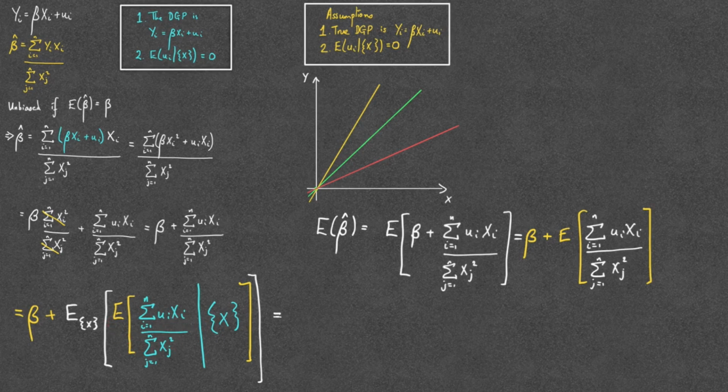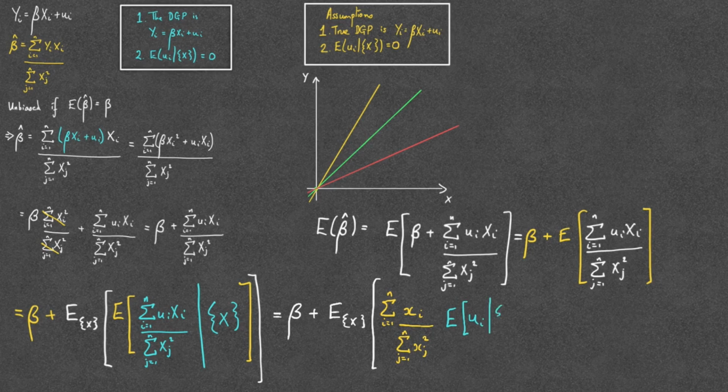So this is going to be equal to beta plus the expectation over all possible sets of x. Inside the brackets, we're effectively thinking about one particular set of x's. So you've got the sum from i is equal to 1 to n. Given that we're treating the x's as fixed, we'll write them as a lowercase x. So the sum of the xi over the sum of the x squared times the conditional expectation of u given a particular set of x's.